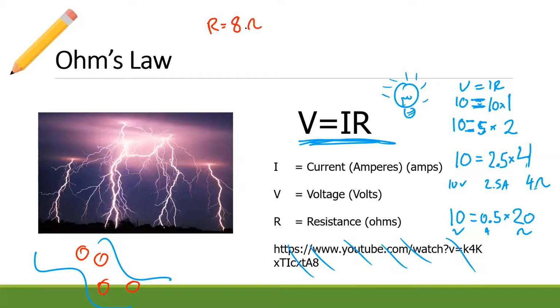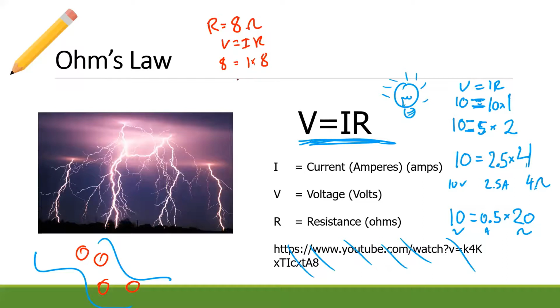Let's say your resistance is 8 ohms. Okay, we'll take our formula V equals IR, and let's say our voltage is 2 volts. That means our current is going to be, oopsies, let's say our voltage is 8 volts, then our current is going to be 1 amp.